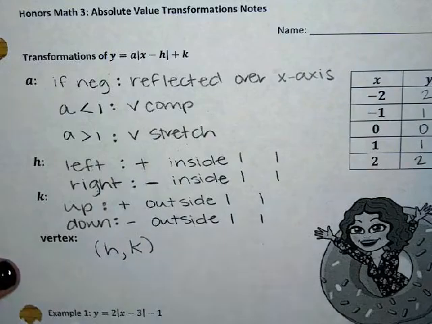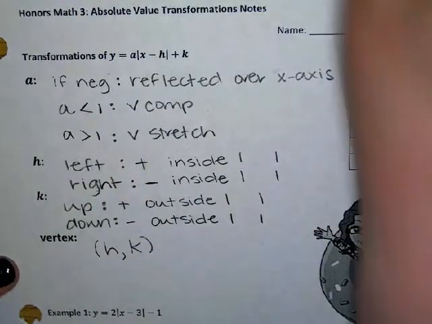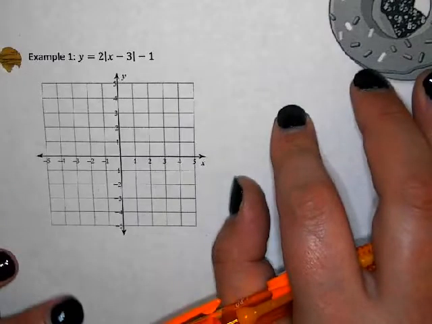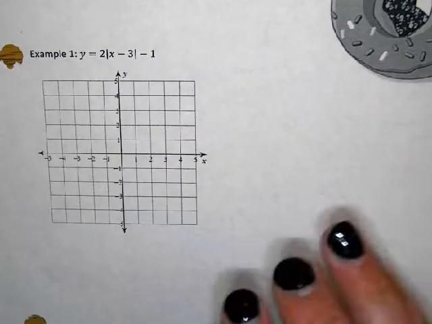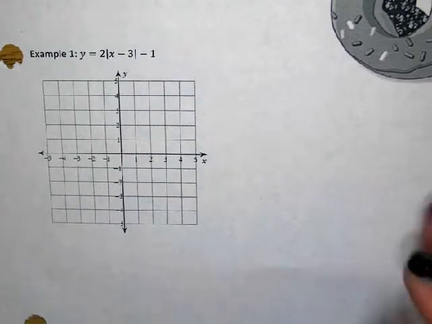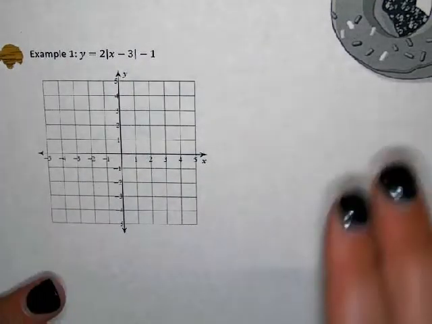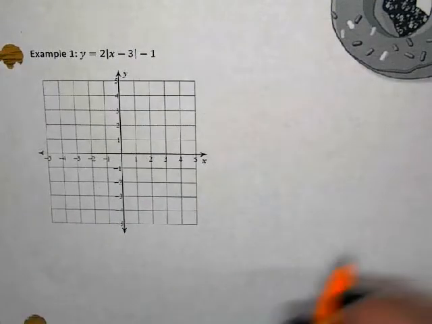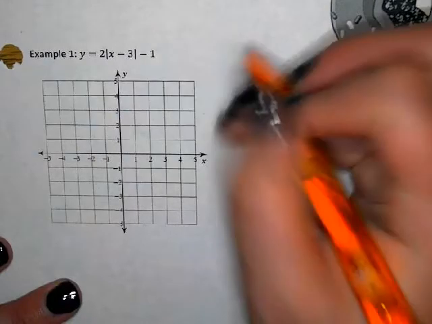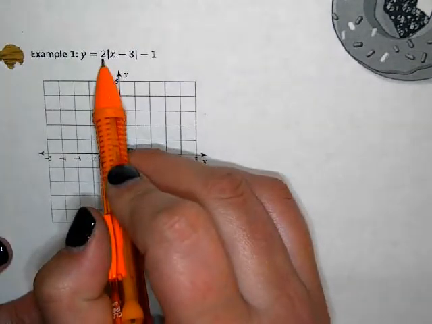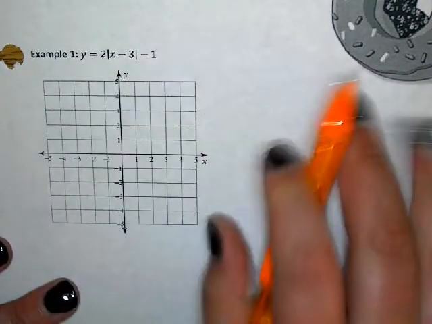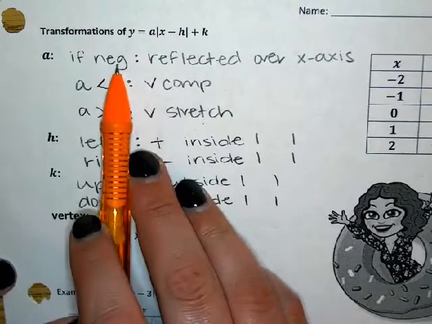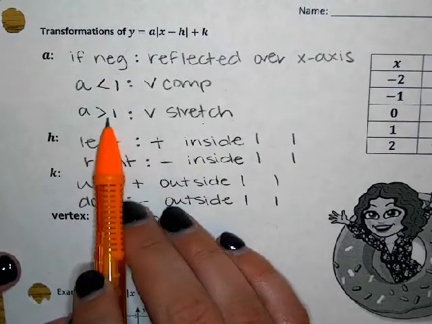So let's go ahead and look at an actual problem to see what I would expect you guys to do with this. With the examples, the things that we would be practicing, we would be finding the transformations, we would be finding the vertex, and then we would be using a calculator to graph. So I'm going to go ahead and find the transformations. I have a 2 in the front. A 2 is positive, so it's not negative, so I'm not going to look at this. A 2 is bigger than 1, so that's a vertical stretch.